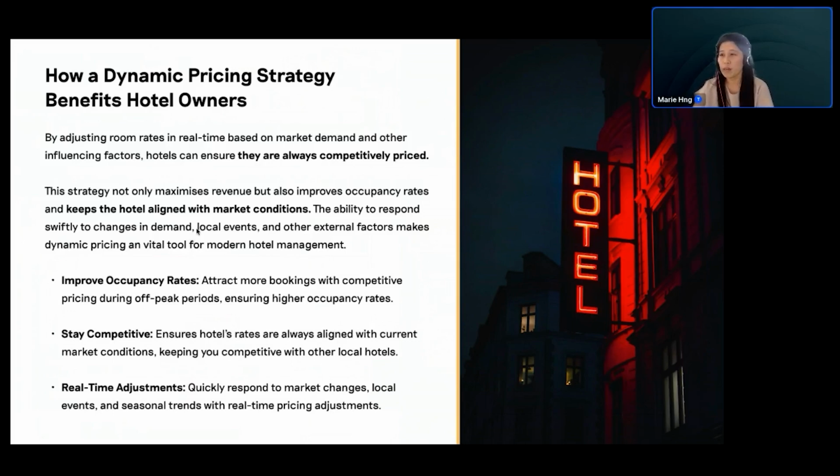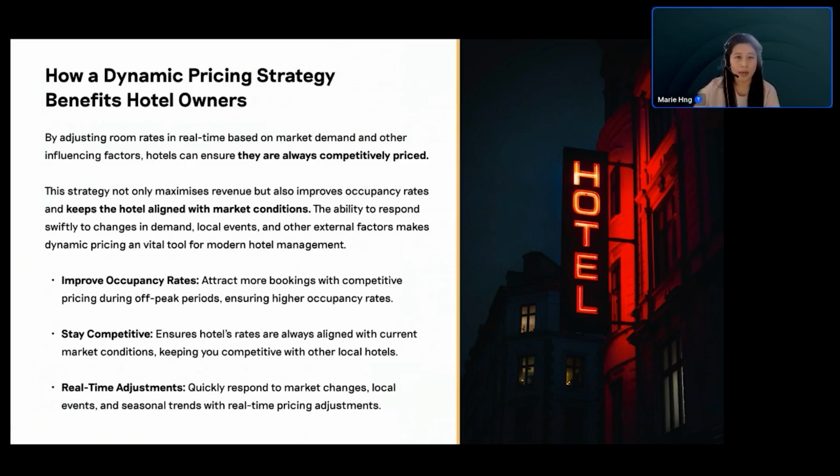By doing that, you're improving your occupancy rates and you're also staying competitive. And most importantly, these are real-time adjustments. So as your inventory is changing, as the days are changing, your rates are adjusting accordingly.